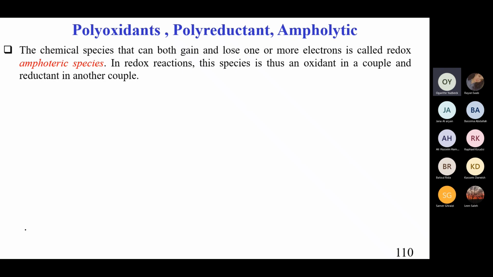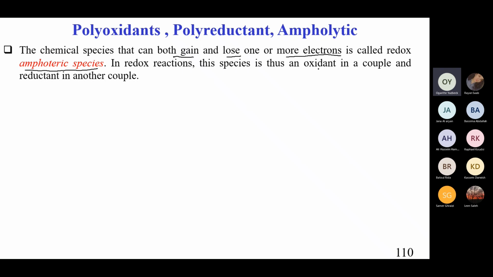Okay, a chemical species that can both gain and lose one or more electrons is called an amphoteric species. This is exactly the same as the ampholyte in acid-base reactions. It can gain a proton or lose a proton. Here it's a species that can gain or lose one or more electrons.